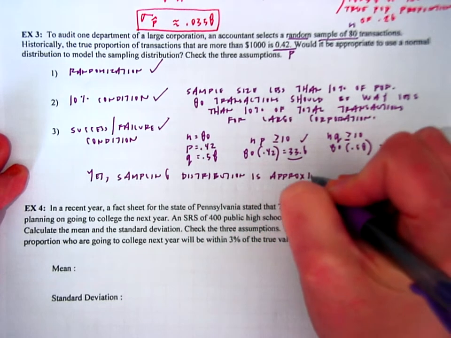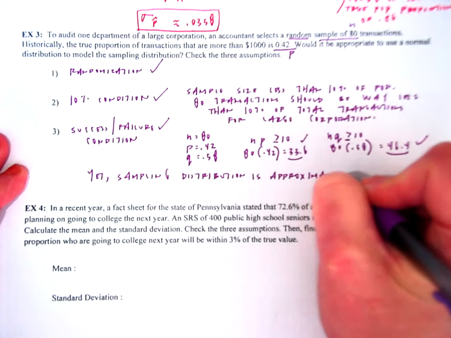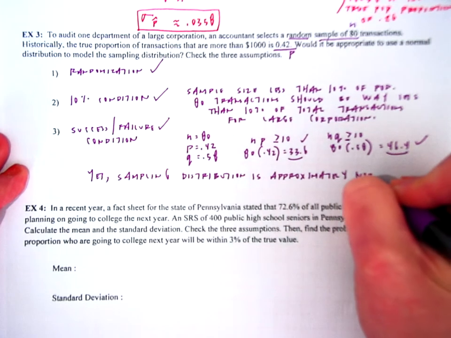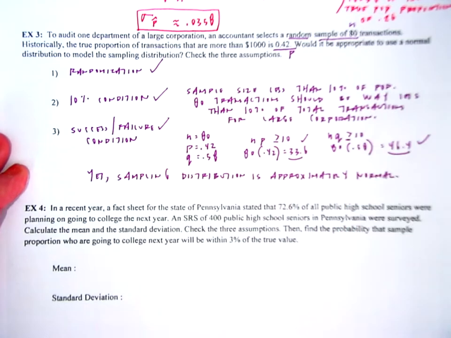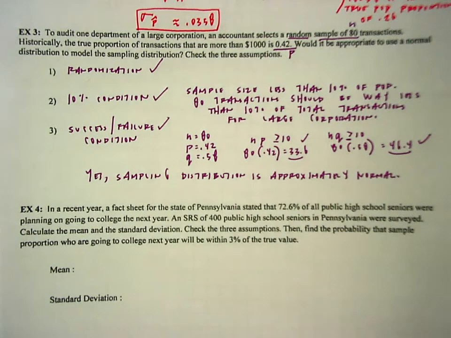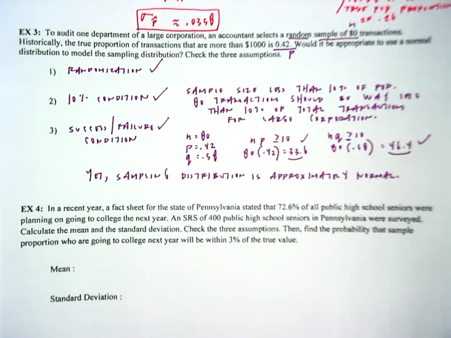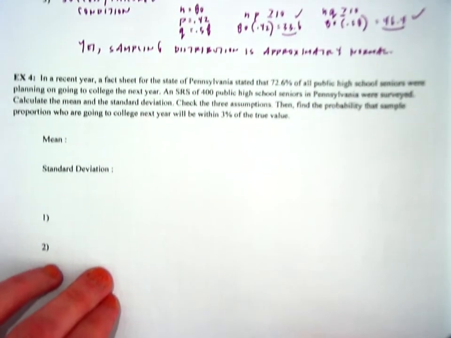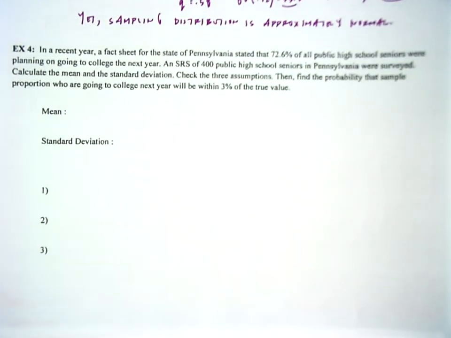All right, last up, one more, trying to pull it all together. Okay, in a recent year, a fact sheet for the state of Pennsylvania stated that 72.6% of all public high school seniors were planning on going to college that next year. So it's giving me the true parameter, P. An SRS, right?